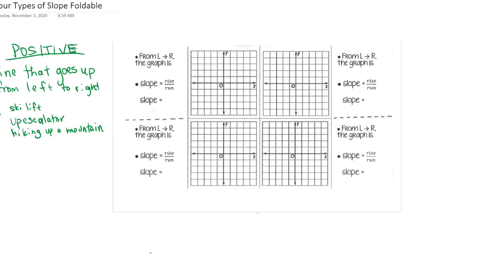That all goes on the outside. And then on the inside, when you open it up, you've got this on the inside. From left to right, the graph is increasing. So again, emphasizing we read the graph from left to right.